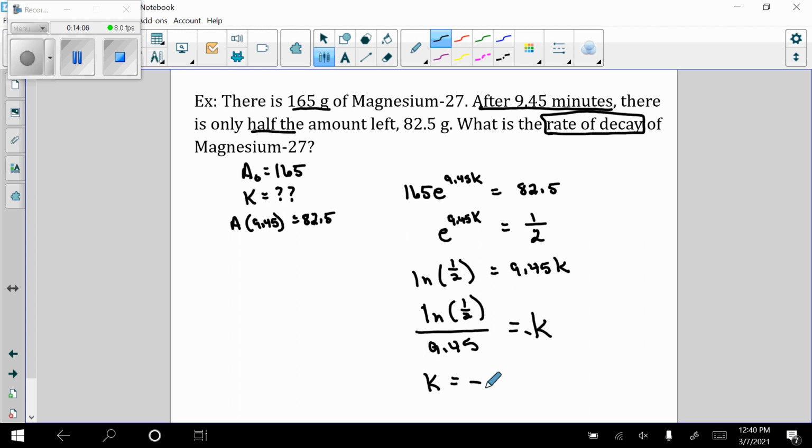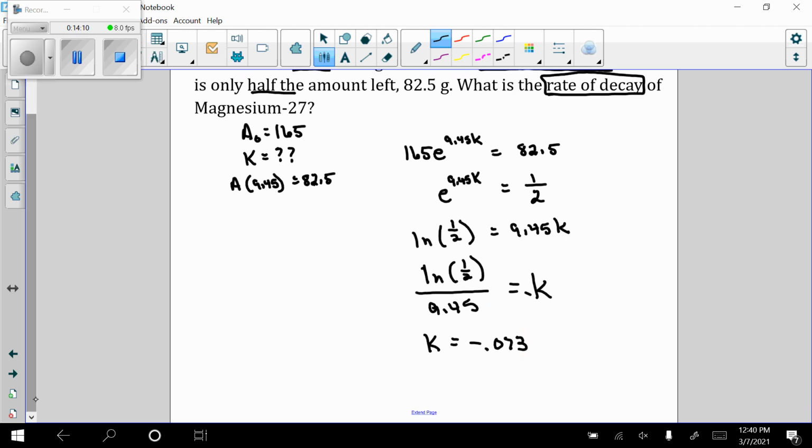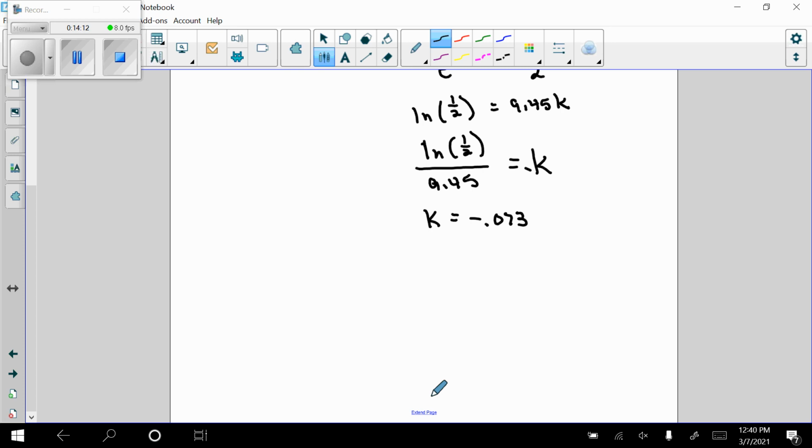I got negative 0.073, which shows me it's a decay. So it decays at a rate of 7.3% per minute.